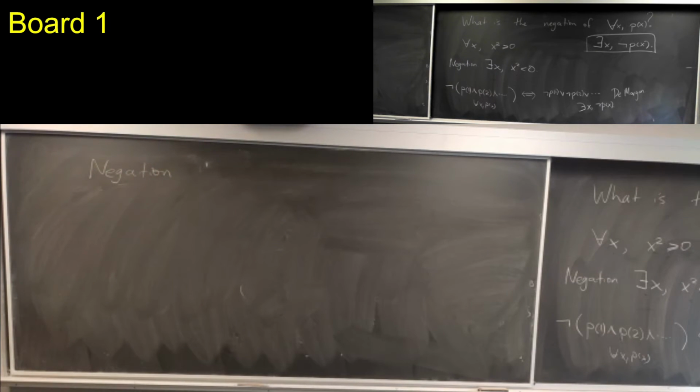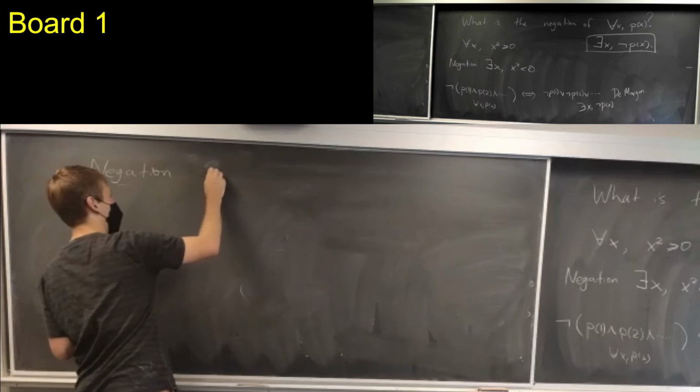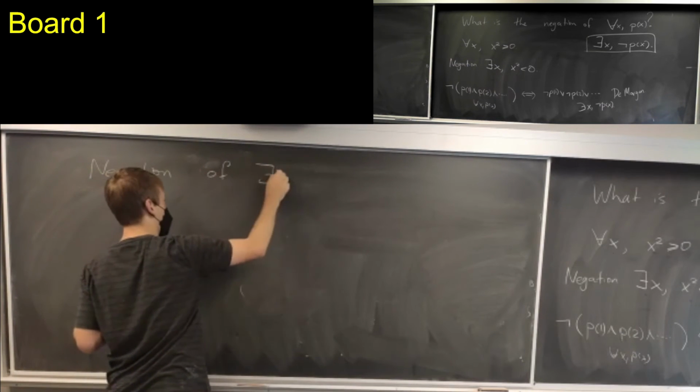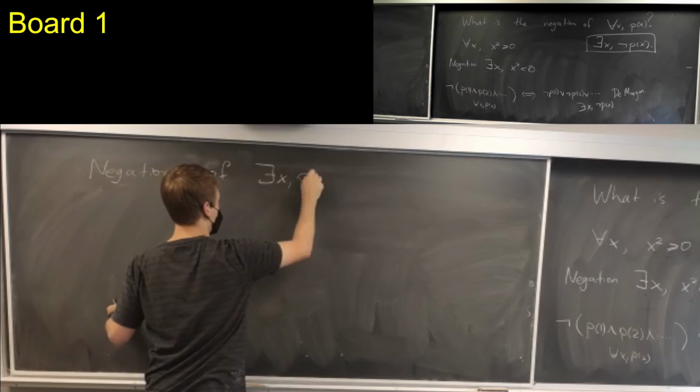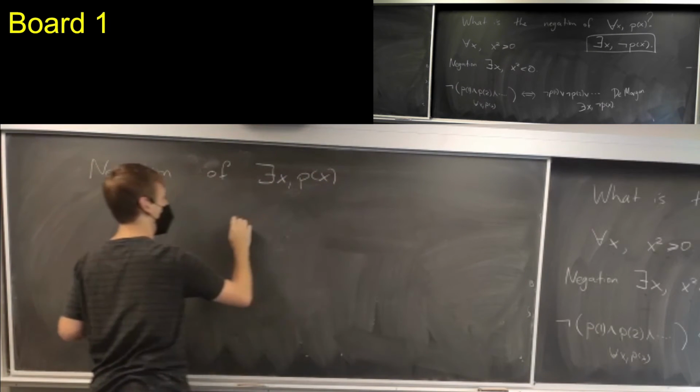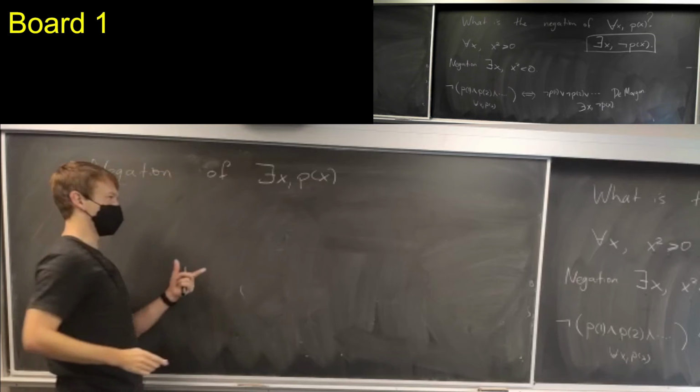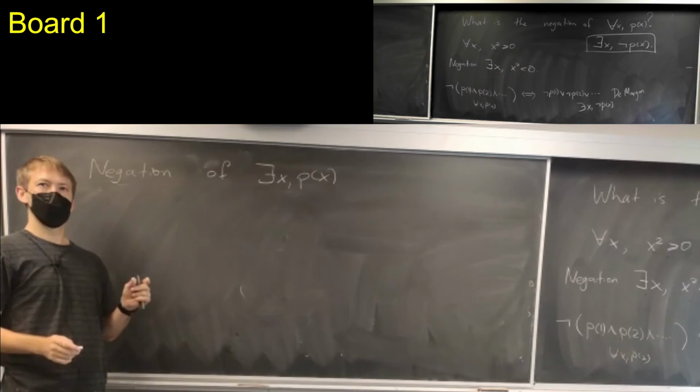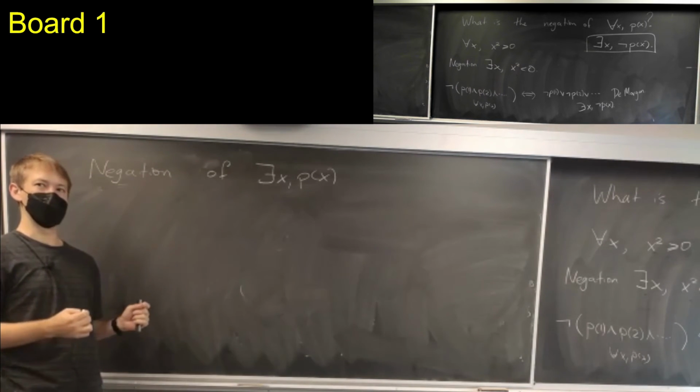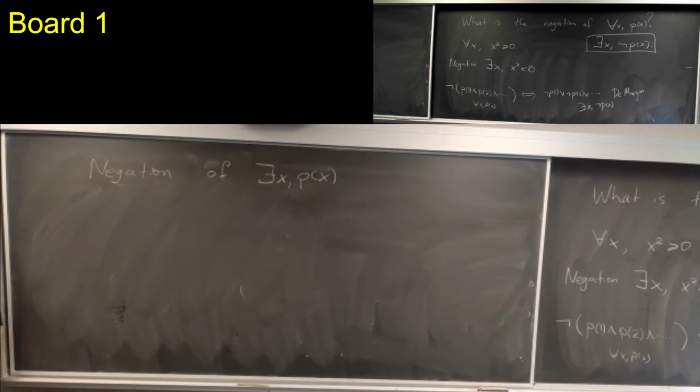Just one thing I would change in that sentence. So the negation of there exists x P(x). Your suggestion was there exists x not P(x), right? I would change one character from that statement. Does anyone have an idea?